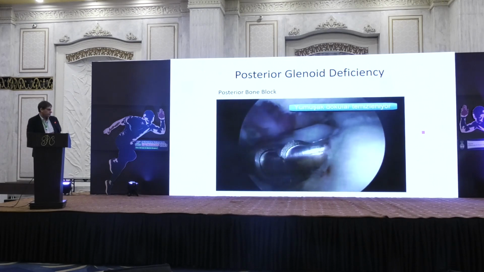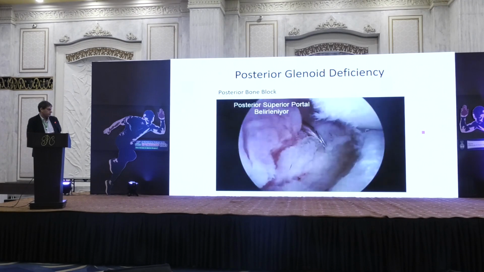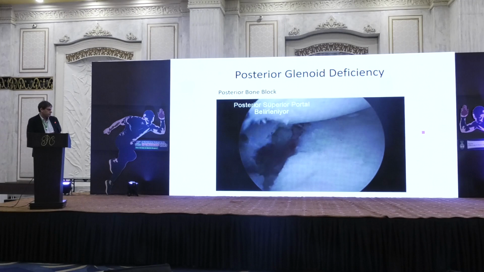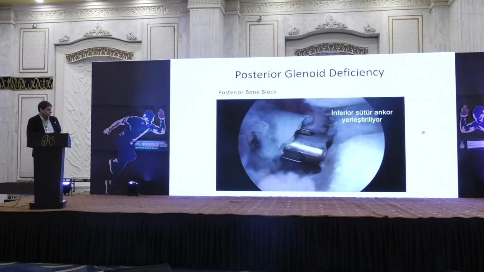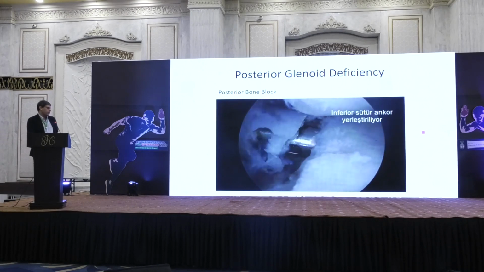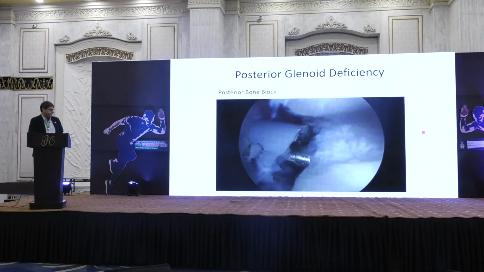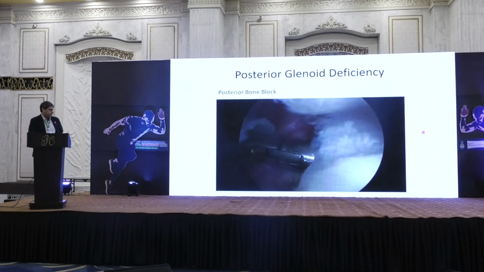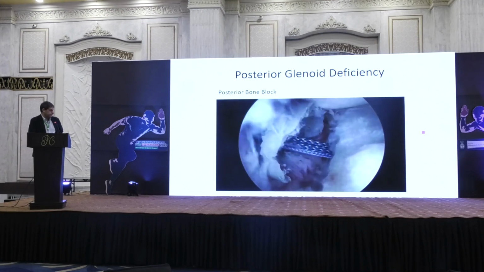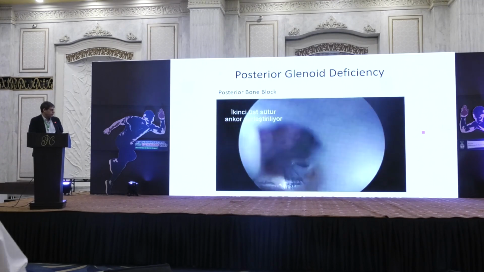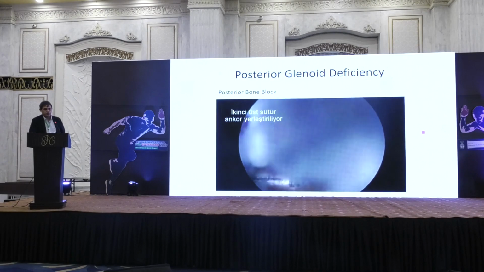You can see we are debriding the glenoid, then put two anchors into the spongious bone, first inferior, then posterior. Then we shuttle the bone graft into the joint.